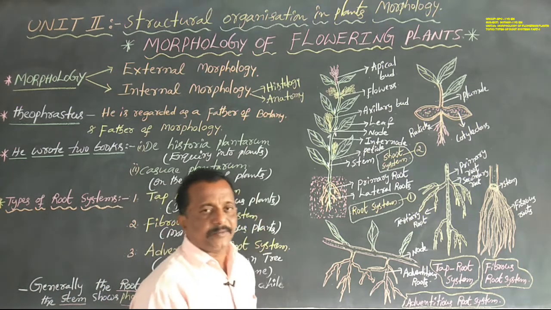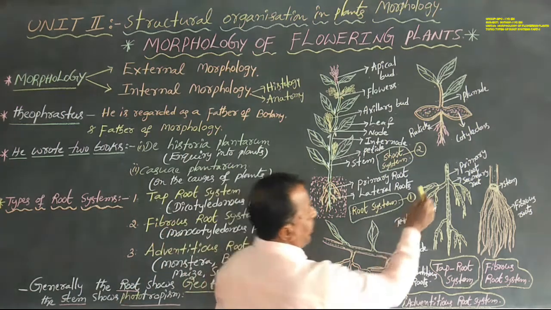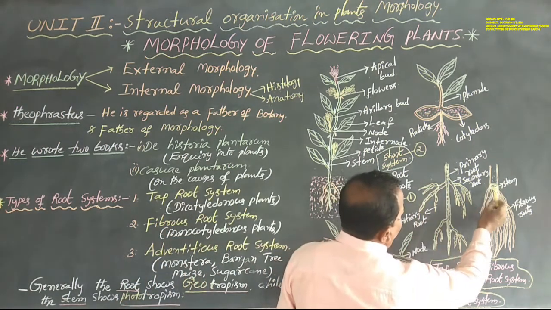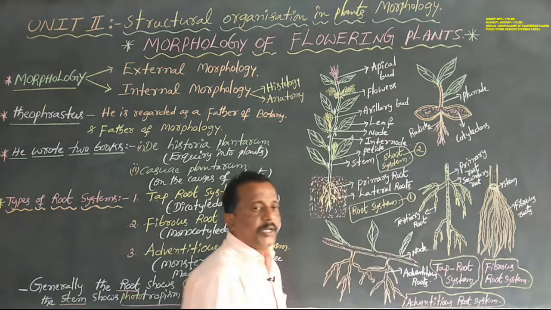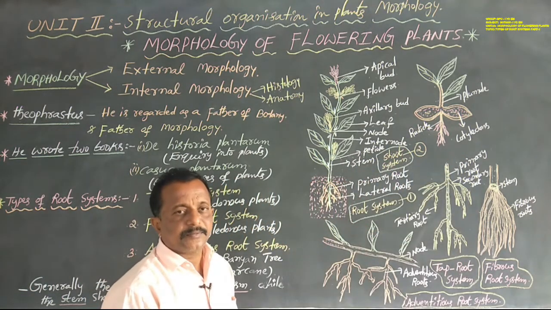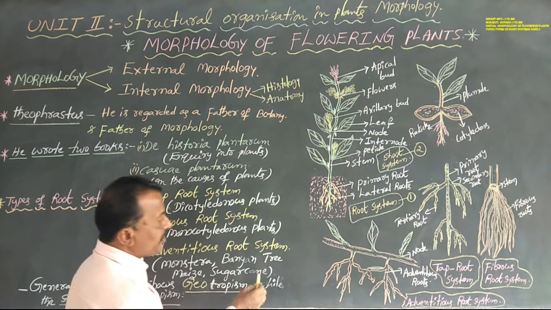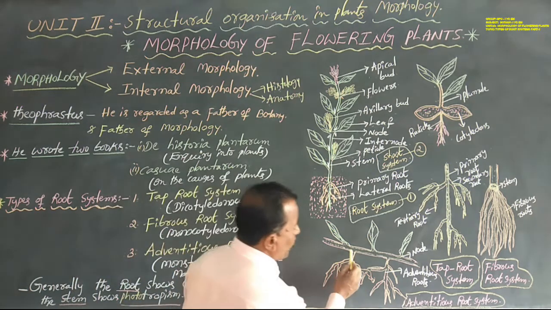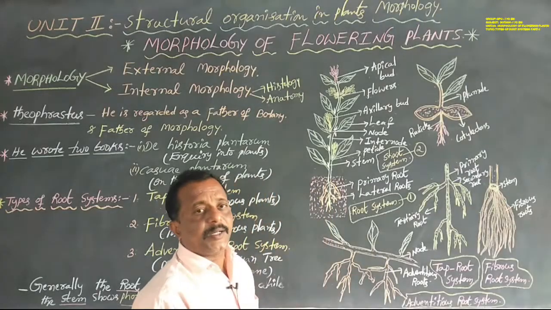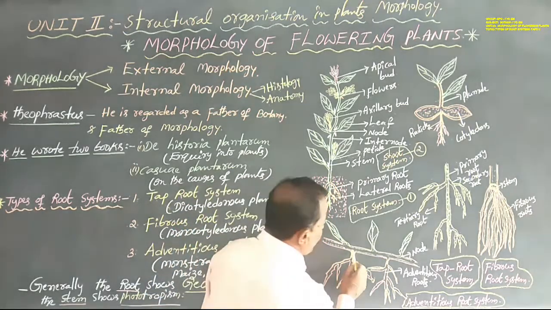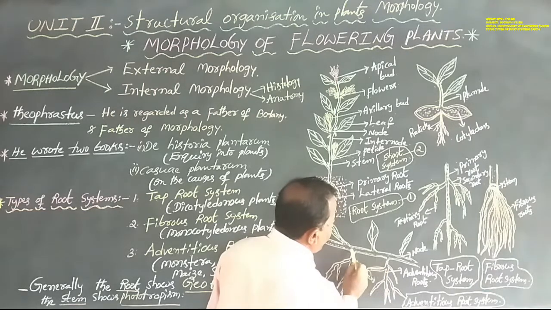Dear students, in taproot system and in fibrous root system, both develop from the radicle. But here, adventitious roots develop from a part of the plant body, especially from the node part of the plant body.